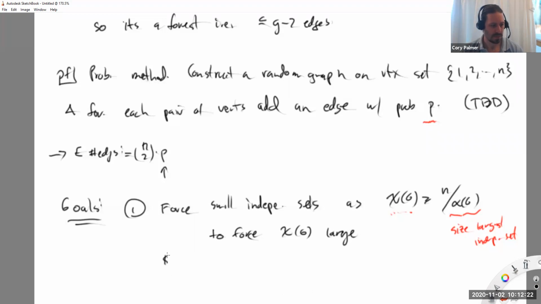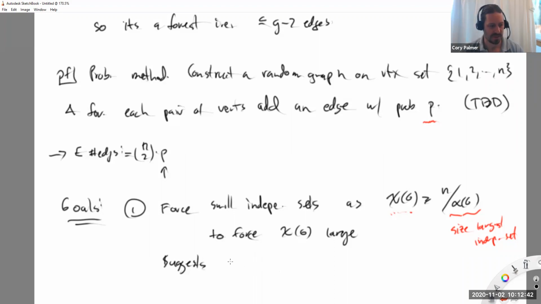So what does this suggest about p? If I want to make my independent sets small, what kind of p do I want to choose? You don't have to be concrete, just the rough idea. Ethan? You want a higher p. Yes, exactly.